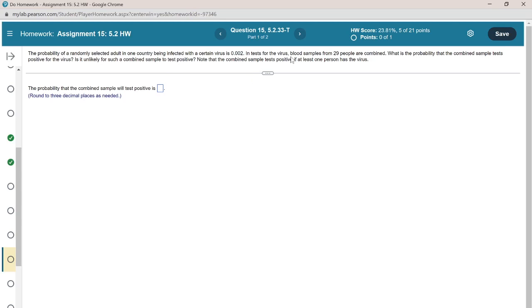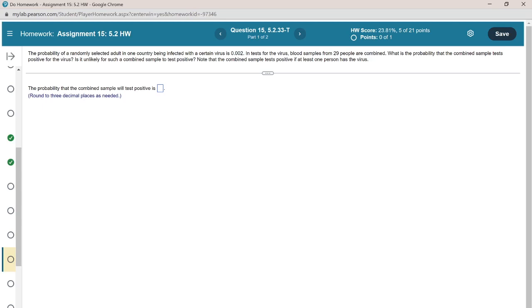In a test for the virus, blood samples from 29 people are combined. What is the probability that the combined sample tests positive for the virus? Is it unlikely for such a combined sample to test positive? Note that the combined sample tests positive if at least one person has the virus.